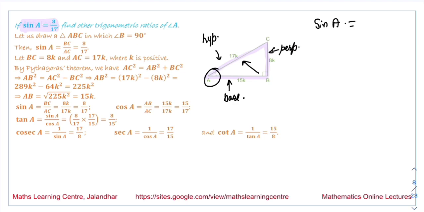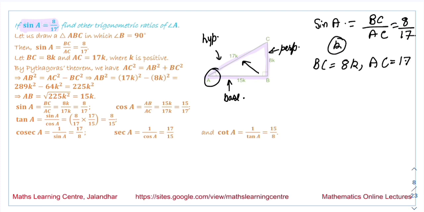We know that sine theta is equal to perpendicular over hypotenuse, and its value is given to be 8 by 17. So for some constant k, BC is equal to 8k and AC is equal to 17k. Whatever the lengths of these sides are, there is some k for which BC is equal to 8k and AC is equal to 17k.